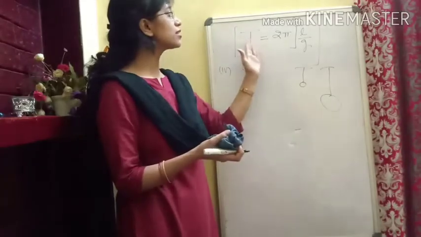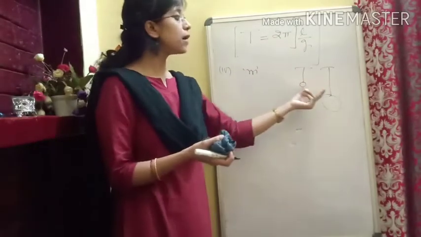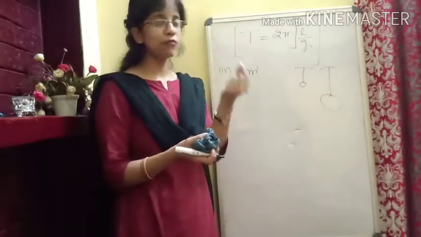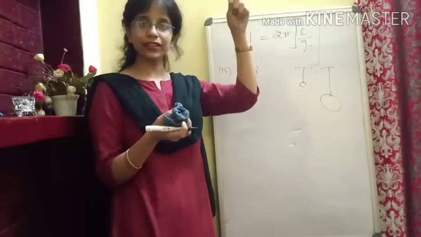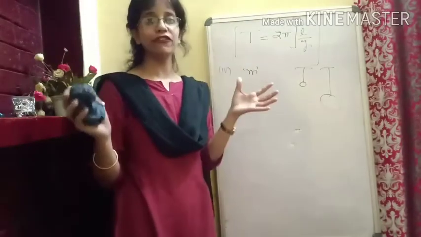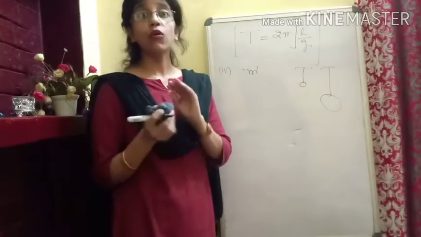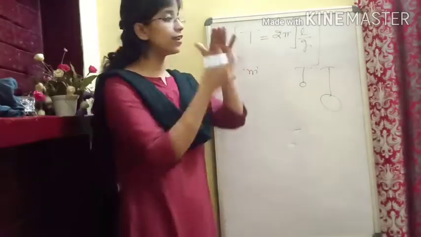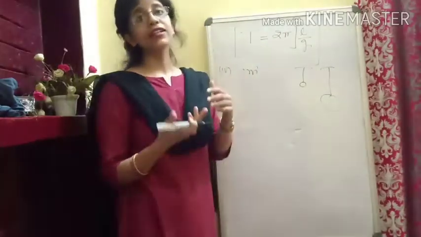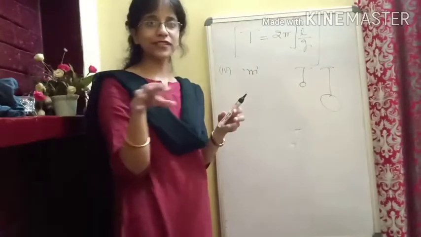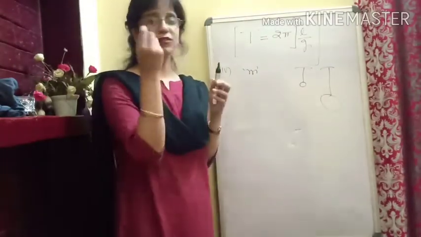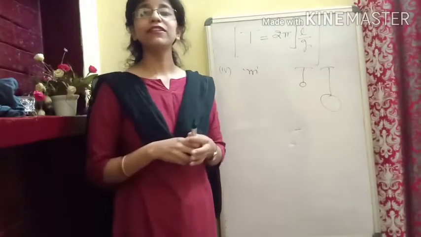That means it is independent of the mass of the bob. Whether you take a small stone hanging with that pendulum or a big elephant hanging with that pendulum, it will not affect the time period. Only what matters is the length of the pendulum and the gravity. So whether you hang yourself or a small stone, the time period will not change.